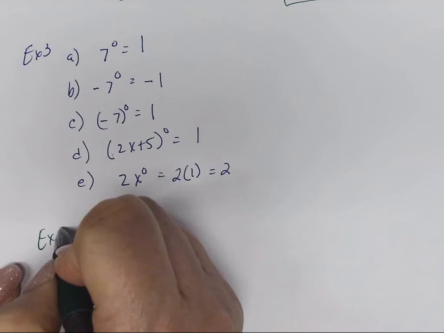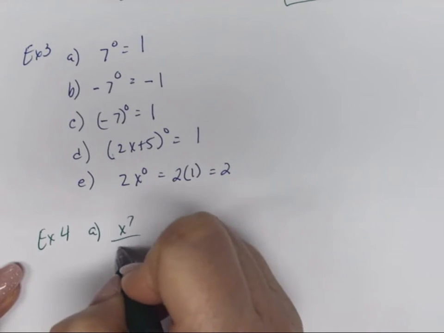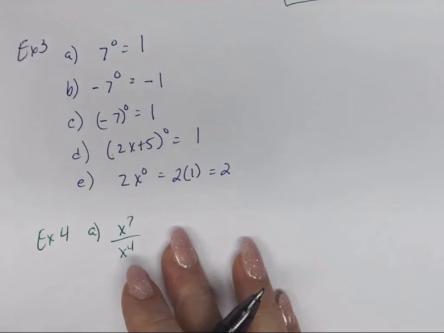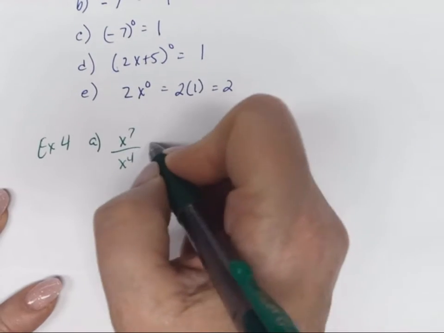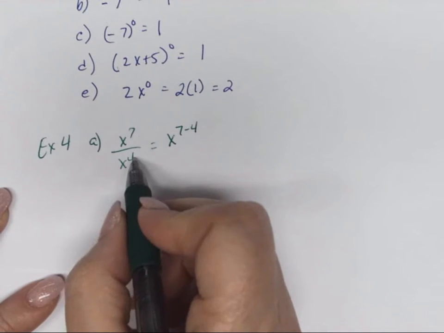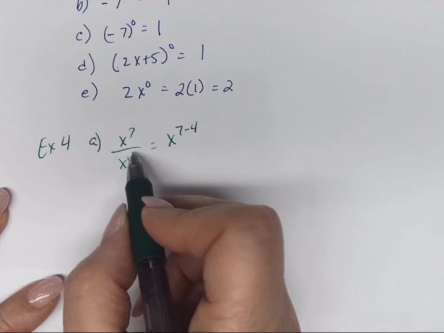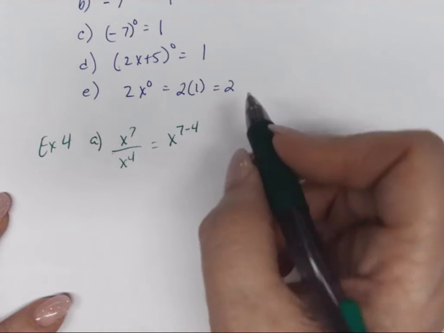So example 4, we're going to have x to the 7 over x to the 4. So on this, we're going to do some subtraction because they're in a fraction. So this will be x to the 7 minus 4, because when it crosses the fraction line, it'll change its sign.